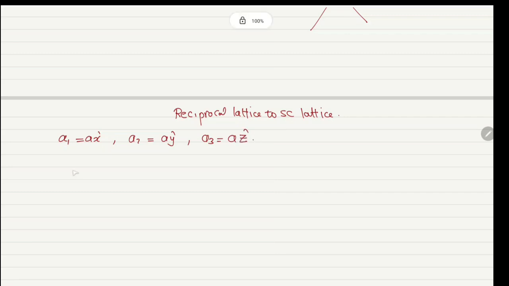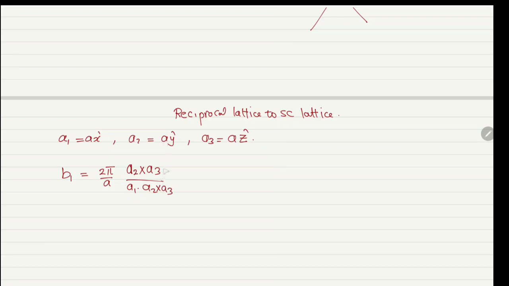Now, the primitive vector in reciprocal space b1 is equal to 2 pi over a1 dot a2 cross a3, times a2 cross a3.